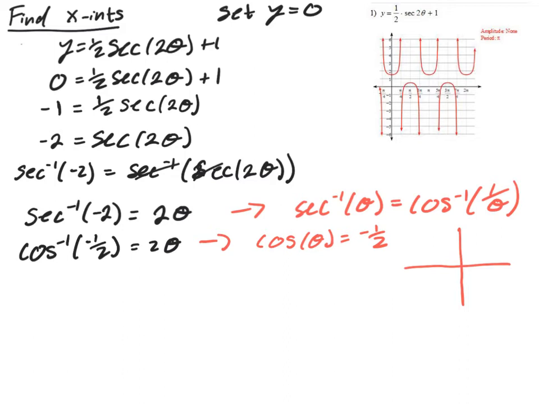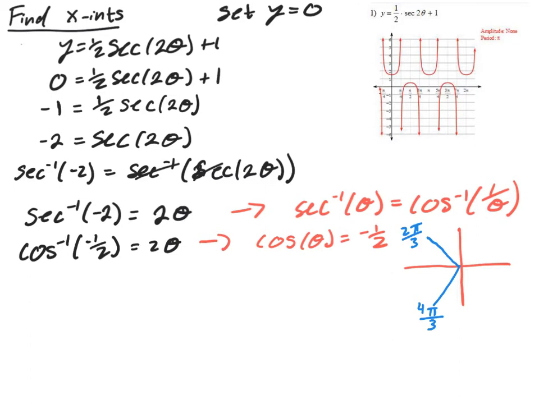So here in the second quadrant and the third quadrant. So we would be at 2 pi over 3, and then we would also be at 4 pi over 3. So this is a good time to reference your unit circle.